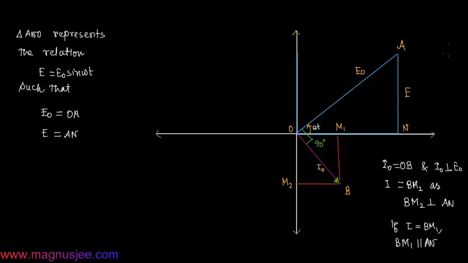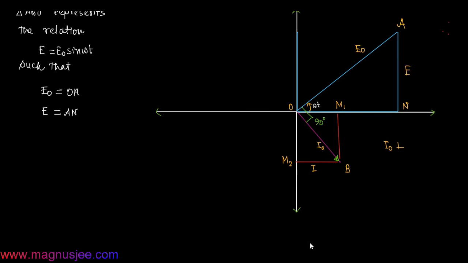If I were equal to BM1, then BM1 would be parallel to AN, which is incorrect. That's why the instantaneous current I will be equal to the perpendicular BM2, as I0 is perpendicular to E0. OB will be perpendicular to OA and I will be perpendicular to E. That's why BM2 will be perpendicular to AN.